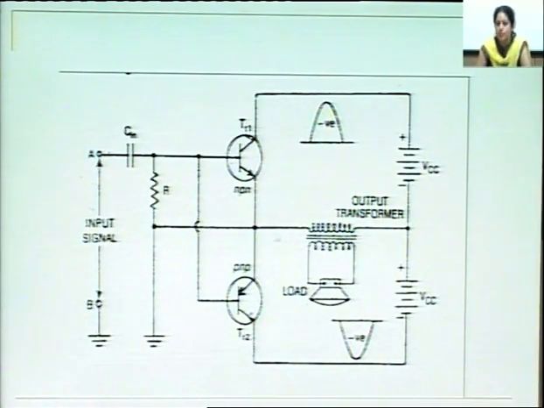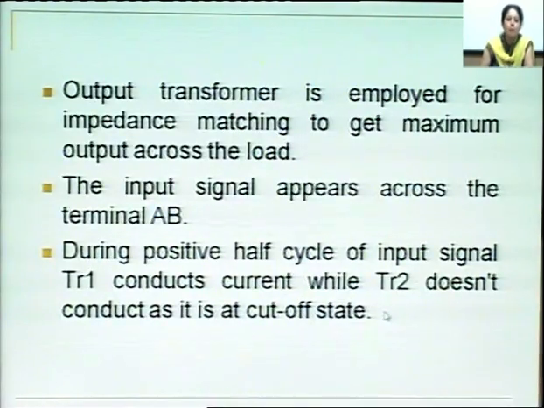That is, the push-pull principle is the same, but the difference is that we have provided different batteries for both transistors. In the push-pull amplifier, there was a common battery for both transistors, but here we have two different batteries for transistor TR1 and transistor TR2. The output transformer is employed for impedance matching to get maximum output across the load.